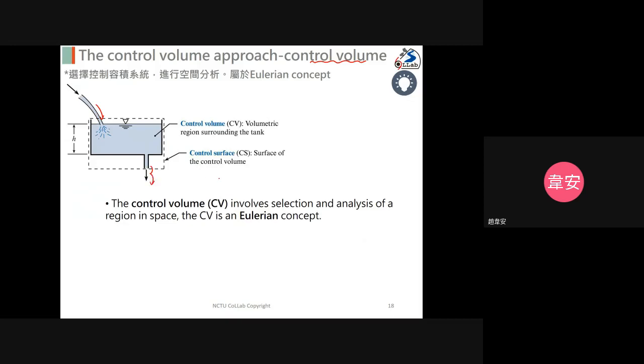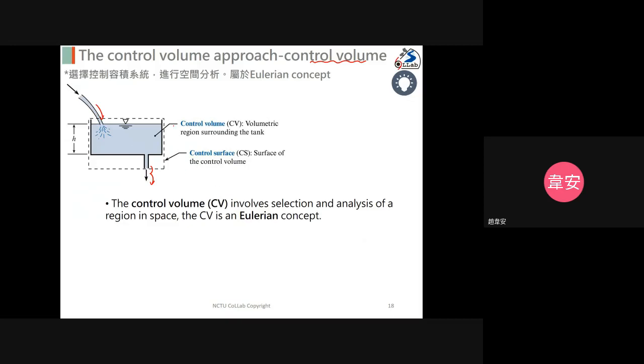So the significant difference compared with the closed system is that the control volume can have mass exchange along the boundary, and the boundary here is the control surface. But the closed system cannot have mass crossing the boundary of the closed system.